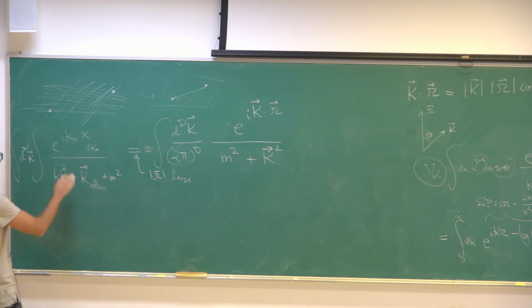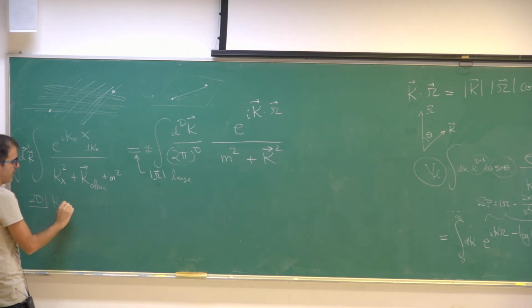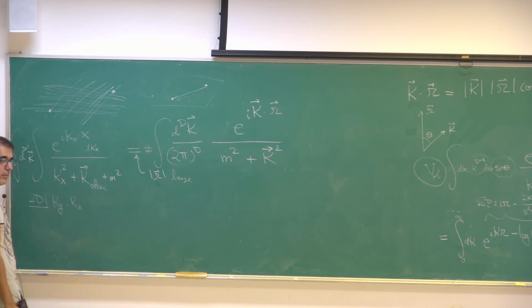And here it's just the kx component. And so let's suppose, for example, that we are in 2 dimensions. So we only have kx and ky. Okay, in this way of doing it, and we can later think about general dimensions.